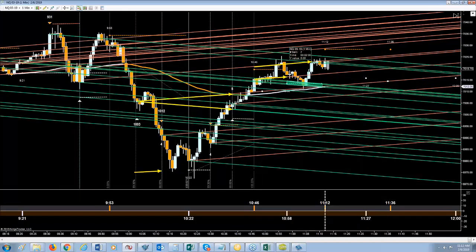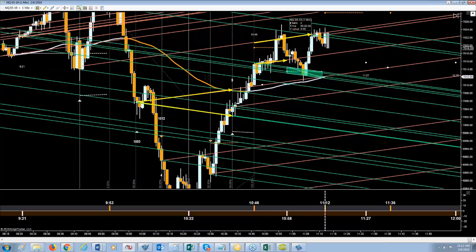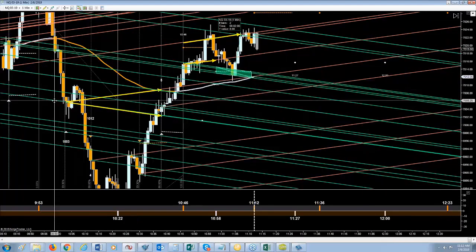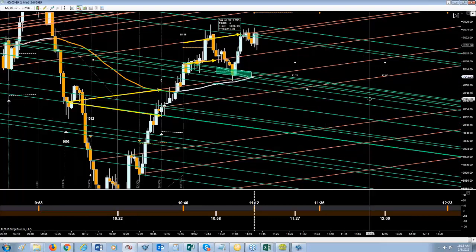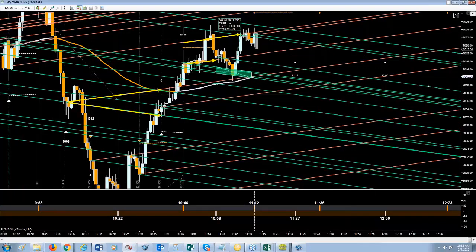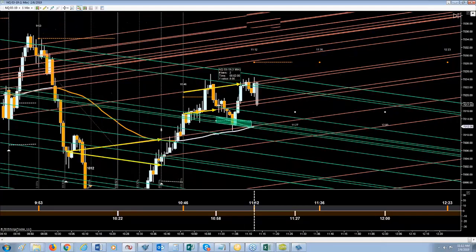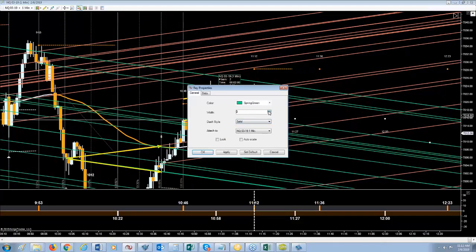So if we go via the last split on this short, you can expect it to come down into this green line right here. So this is what we're looking for, Joe.